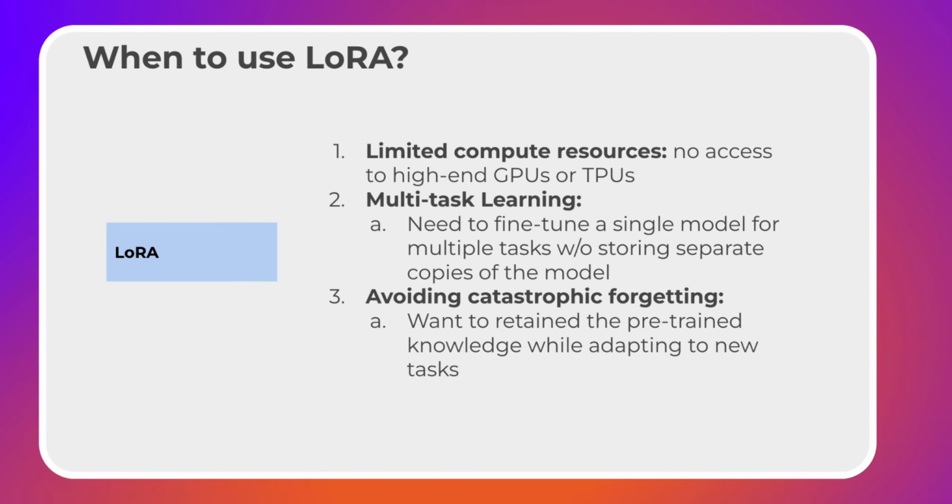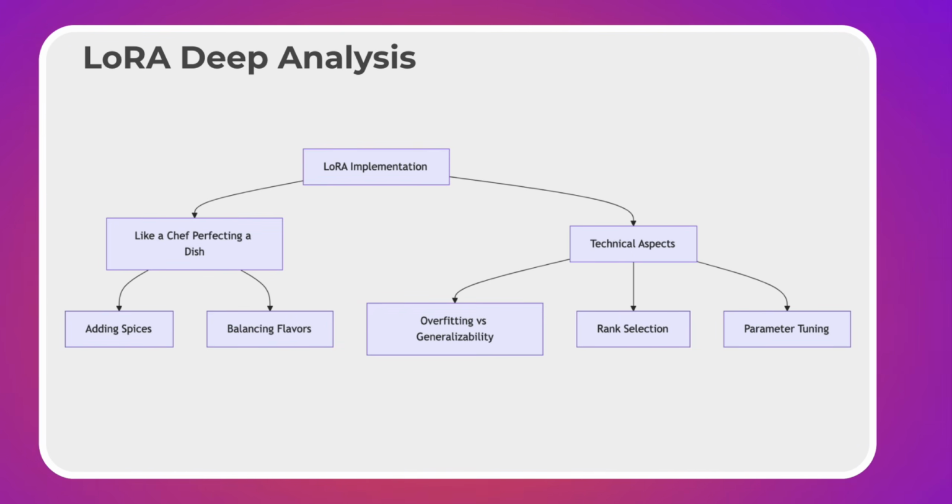Let's do some deep analysis when it comes to LoRA. And I always like diagrams as well as using analogies. So here's a diagram that gives us this LoRA deep dive analysis. At the top we can see we have LoRA implementation, and I want you to think of LoRA, low rank adaptation, like a master chef who is refining a classic recipe. The chef wants to perfect a dish.